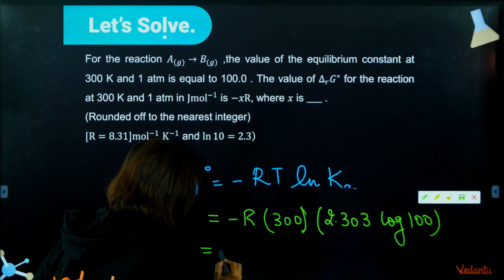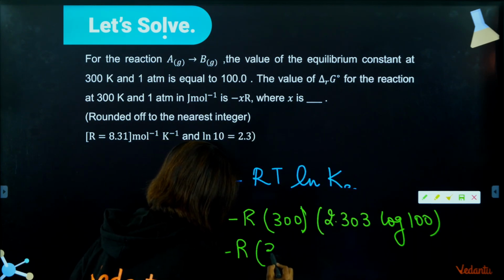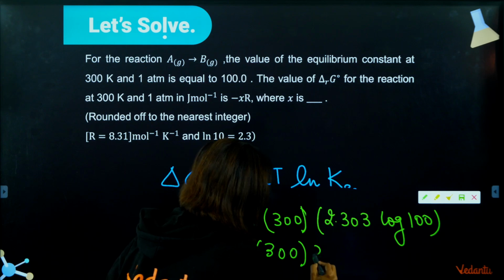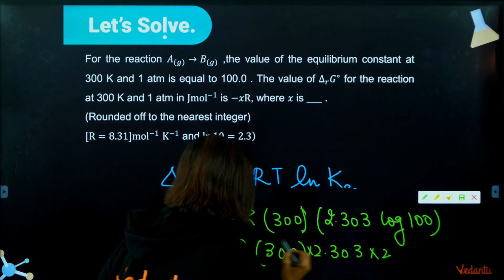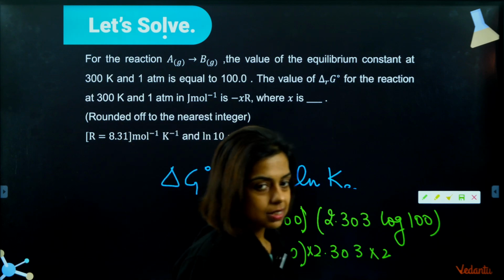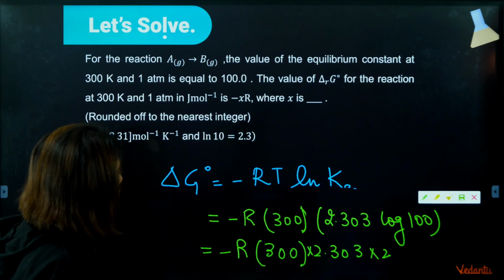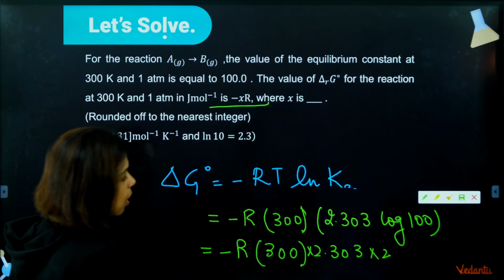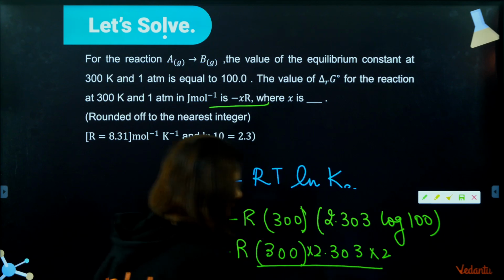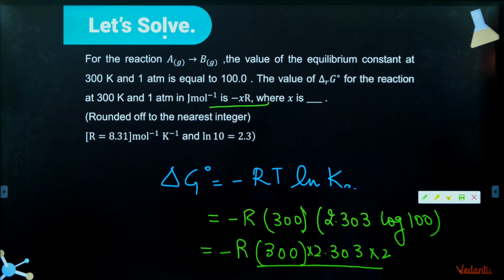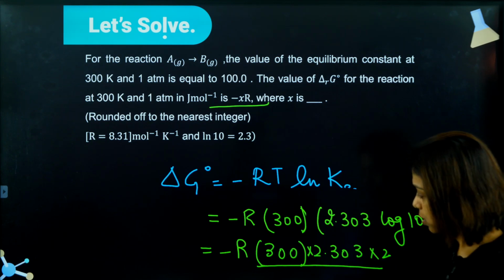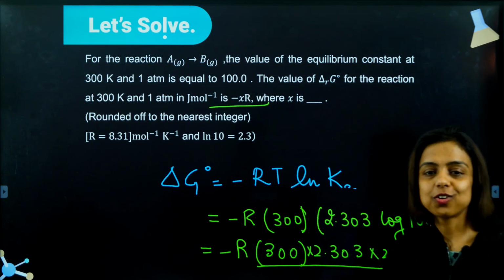So what I'll get is minus R into 300, 2.303 into 2. That is your delta G naught. Please see, because you're supposed to write your delta G naught in terms of minus R only. So just multiply these three, you'll get your X value, right? So you'll get your X as 1380. Yep. So just multiply these, you will get your answer.